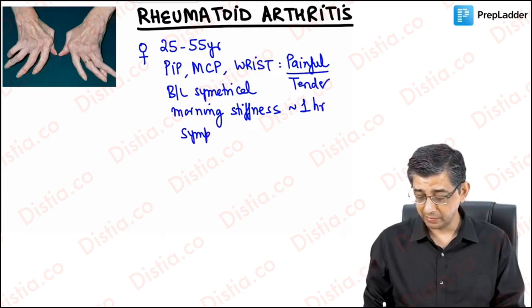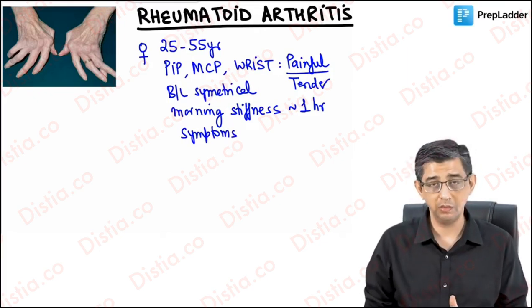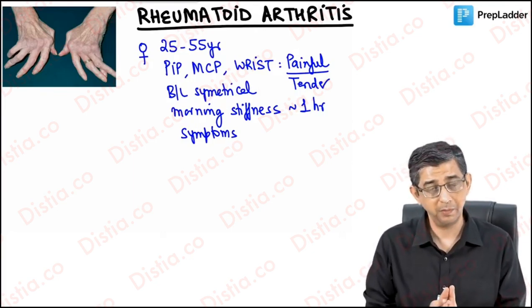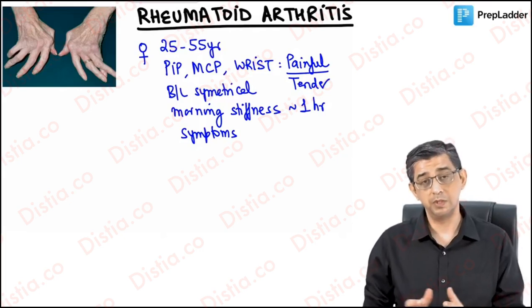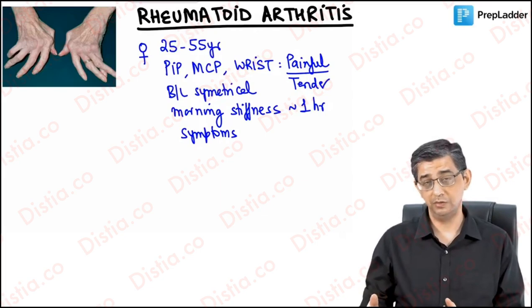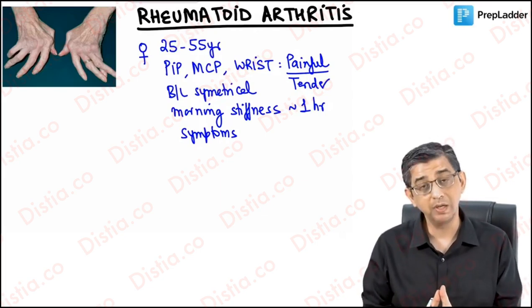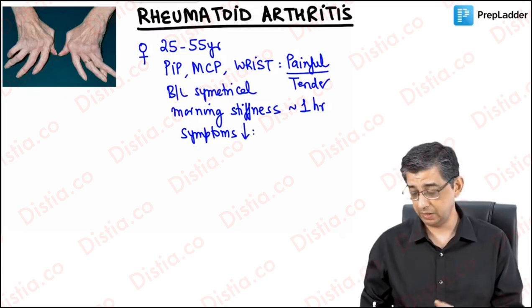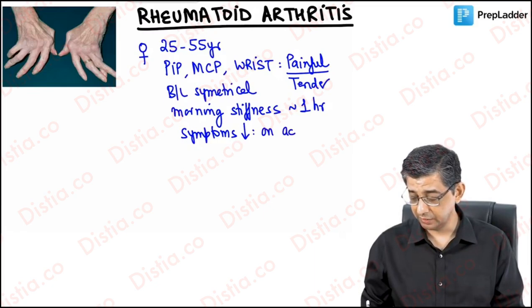In fact, these patients might start using painkillers initially, because anybody having pain anywhere in the body will go to a chemist and purchase a routine painkiller. But the symptoms persist, and the moment the effect of the painkiller goes away, the swelling, redness and tenderness in the joint come back. The symptoms of these patients decrease with the painkiller, but also decrease with activity.